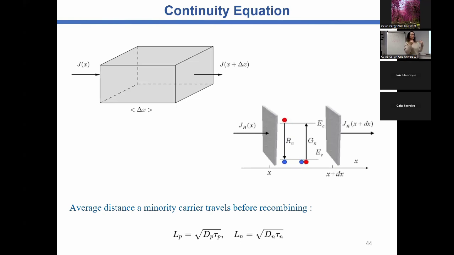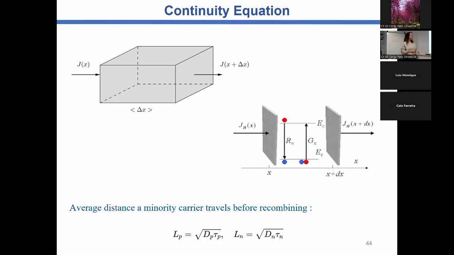This hole comes from a trap, oxidation, something that you have in your material and that you cannot control. And holes can also be created inside your material because you are using current.